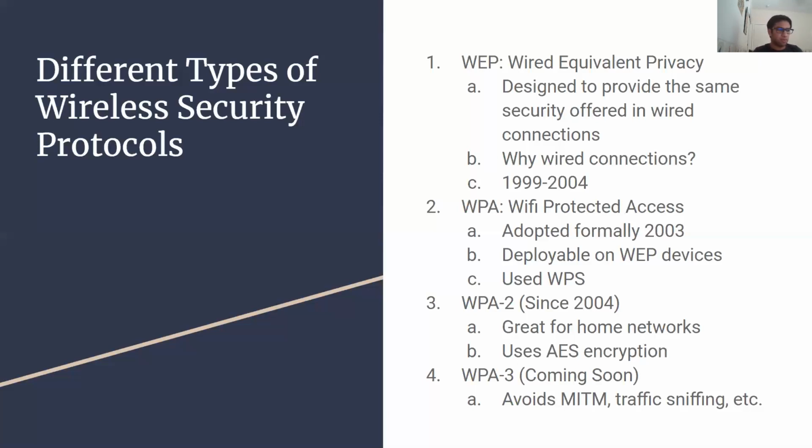And then there's WPA3, which is coming soon. This is a very special type of Wi-Fi. It actually avoids man-in-the-middle, traffic sniffing, and all those extra attacks that WPA2 is vulnerable to.